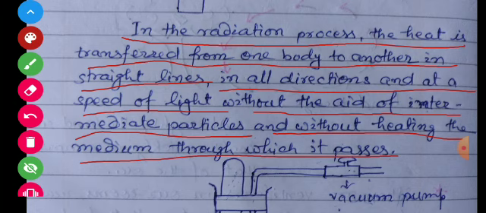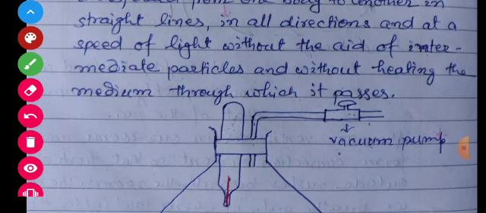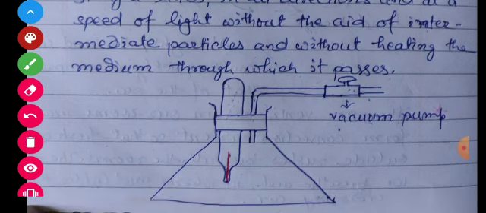So here it is moving from one place to another directly at the speed of light and without heating the medium in between. In this way you have understood this part.